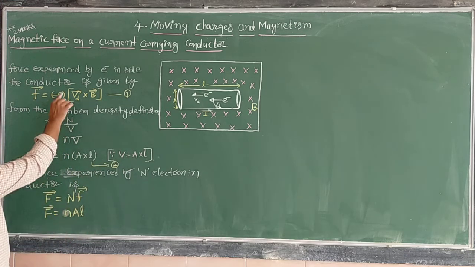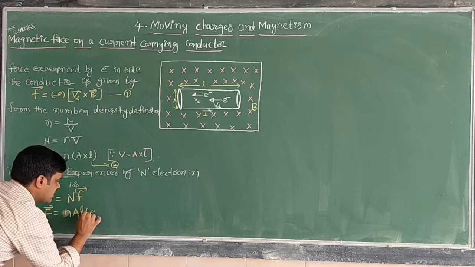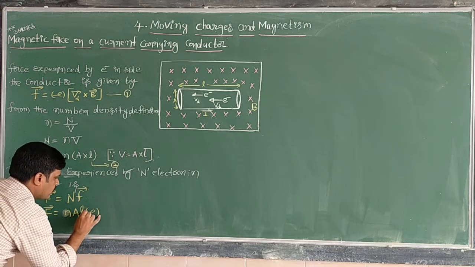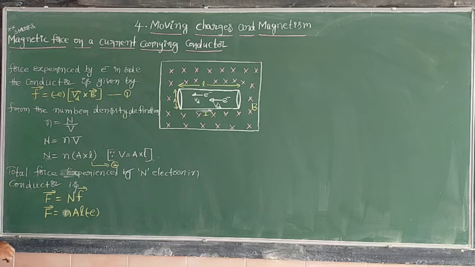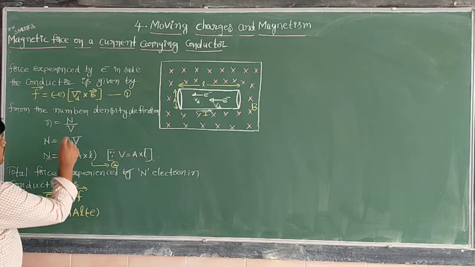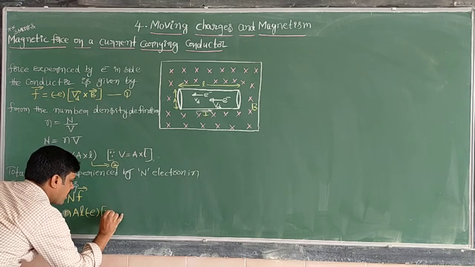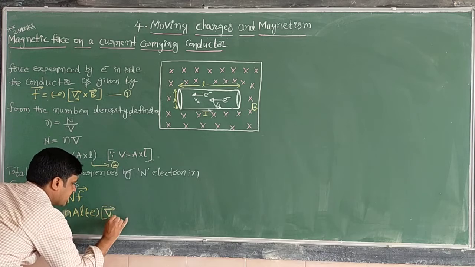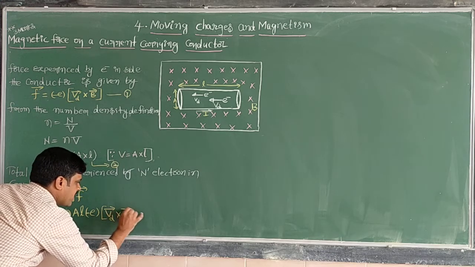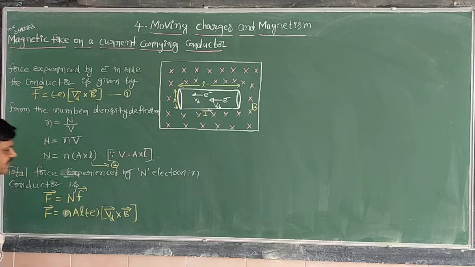Small f means minus e, the charge of the electron, into the drift velocity Vd bar cross B bar. Once again, A bar cross B bar is equal to AB sin theta.